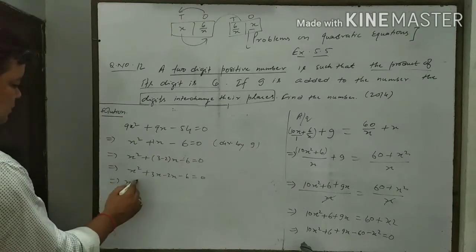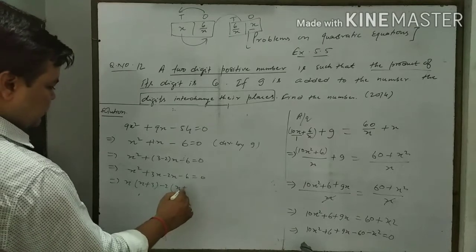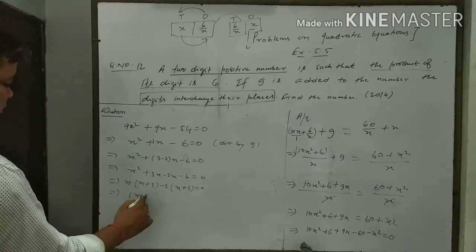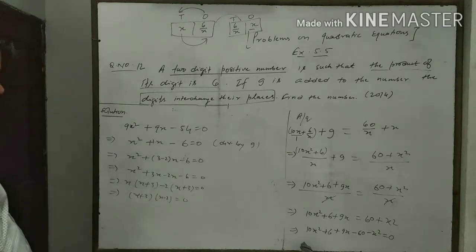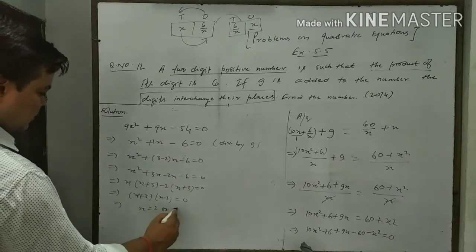Take x common, it will be x plus 3. And we take minus 2 common, then again x plus 3 is equal to 0. Here x plus 3 times x minus 2 is equal to 0, because x plus 3 is common. Now using the zero product rule, we have x is equal to 2 or minus 3.